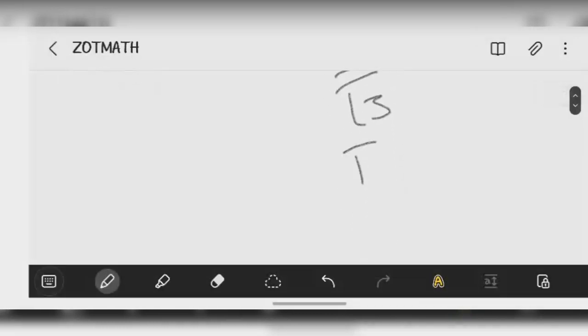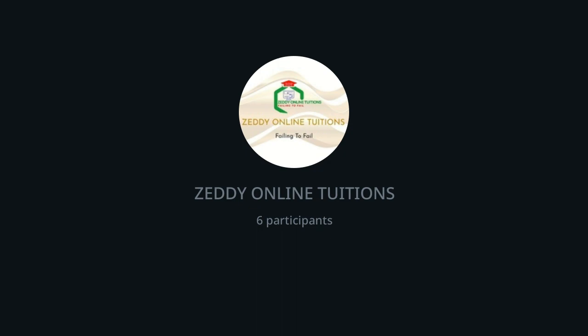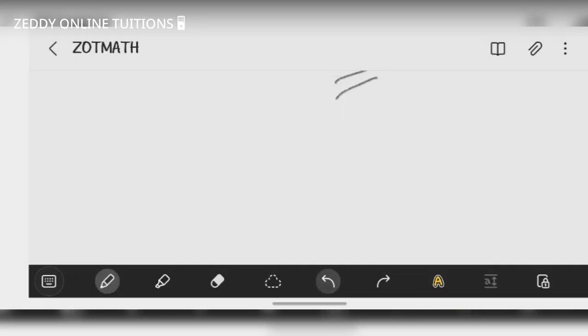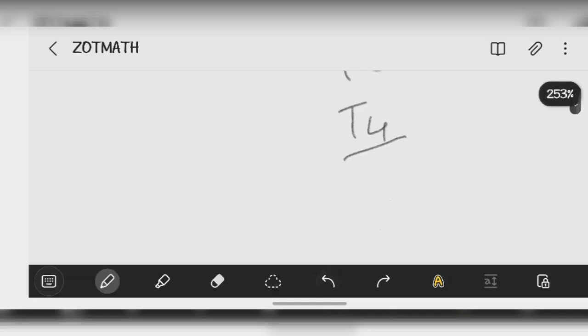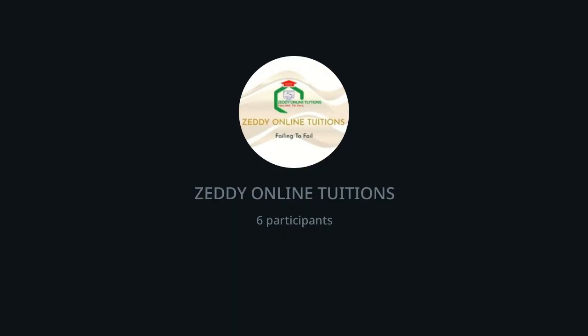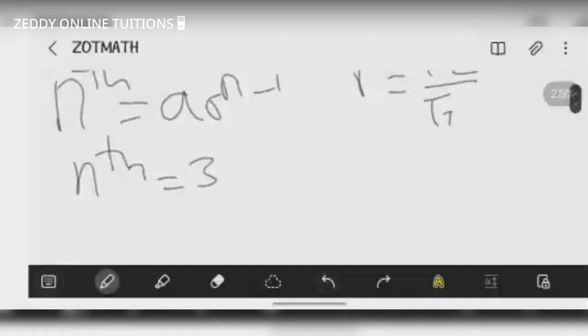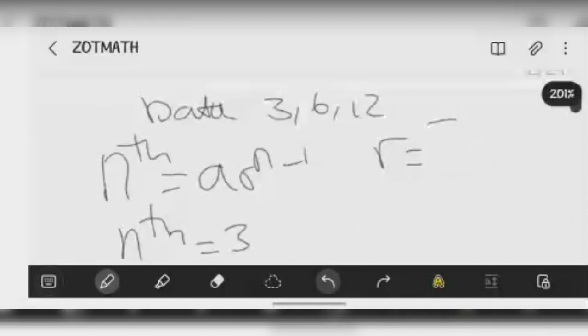So what concept are we getting here? The point is, you just need the next term divided by the preceding one, the succeeding term divided by the preceding term. So which formula are we going to use? We are going to use T2 over T1.